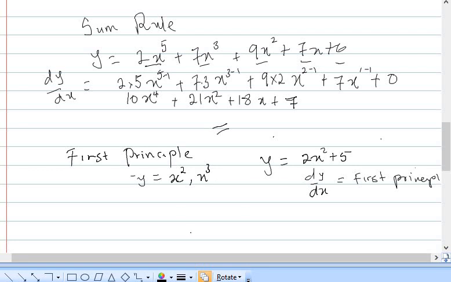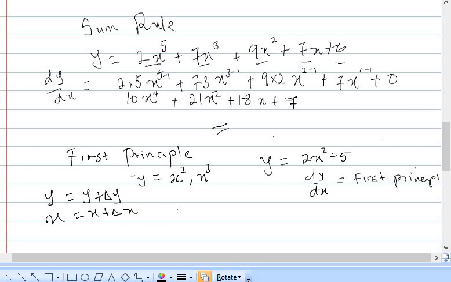So all you need to do is wherever you see x or y, you just replace it with x plus the increment. It's just to add an increment, and the increment is just the change in y. Like if you see a y, you should add an increment to it to make it y plus the change in y. If you see x, just substitute it and put x plus the change in x.